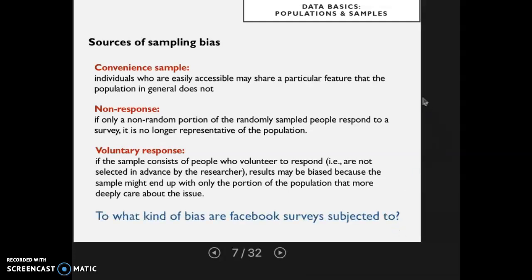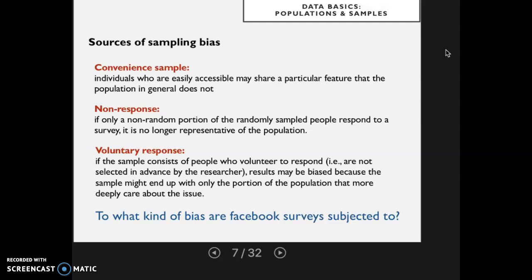Now, one question to see if you got this: to what kind of bias are Facebook surveys subjected to out of these three? If you're thinking voluntary response, you got it right, because typically what people do is they post a question about something they want to find out on Facebook. Examples are, who are you going to vote for, to find out whether Democrats or Republicans are going to be more likely to win local elections, for example.